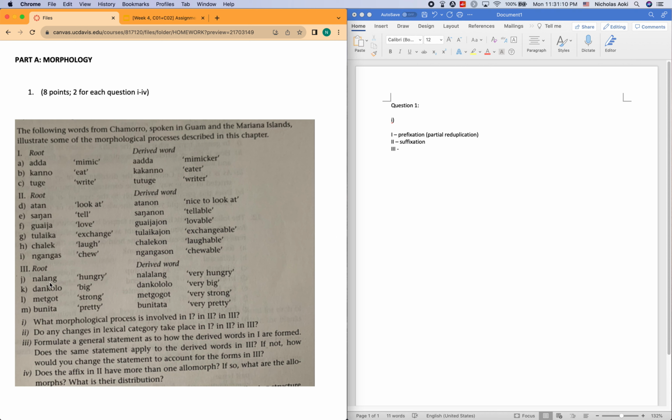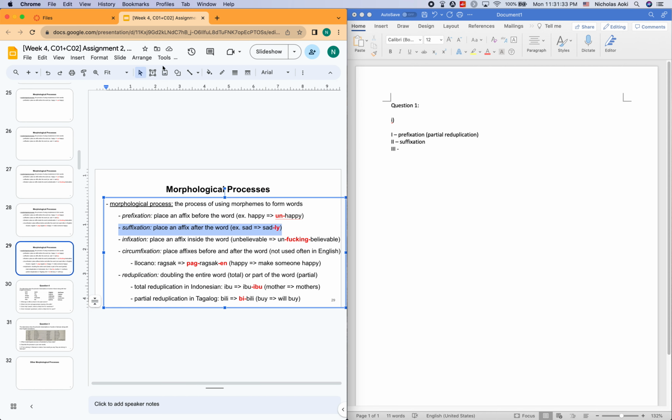It's most obvious to see the answer to this question by looking at J and L. So for example, we have na lang and metgot, and we're doubling something. So na lang, and we're doubling la to get na la lang. Metgot, and then we're doubling go to get met gogot, and placing it within the word. So that's an example of infixation.